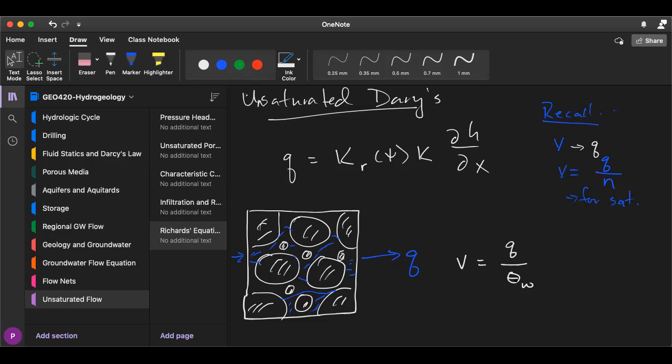I have to move the flow through a smaller and smaller area. So at the beginning of an infiltration event, let's say I have a really dry soil and a rain or a snow melt starts, as that first water trickles into the soil, it moves really fast because it's moving through that really dry soil. And then as we fill more of the pore space, the fluid slows down.